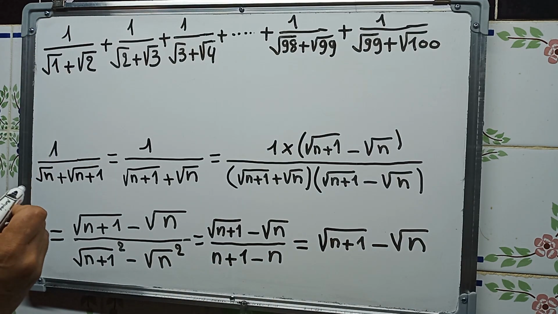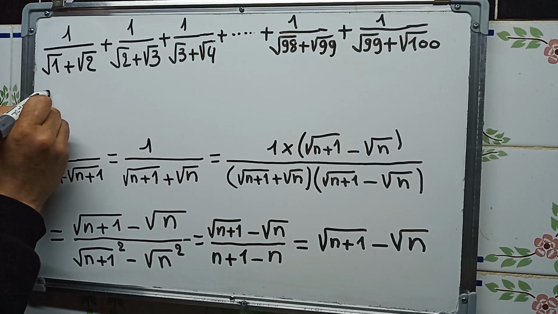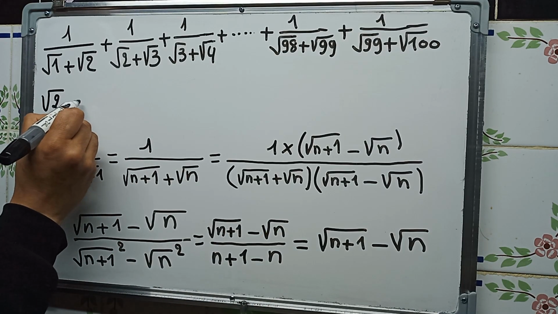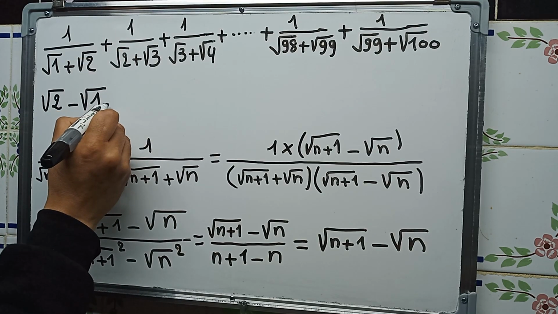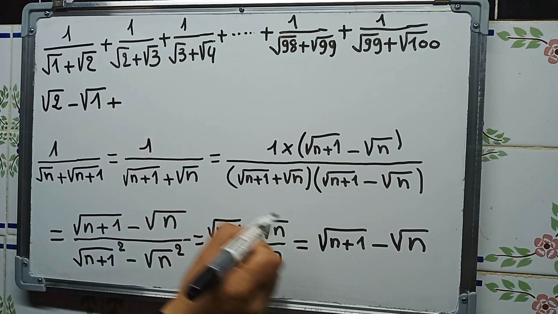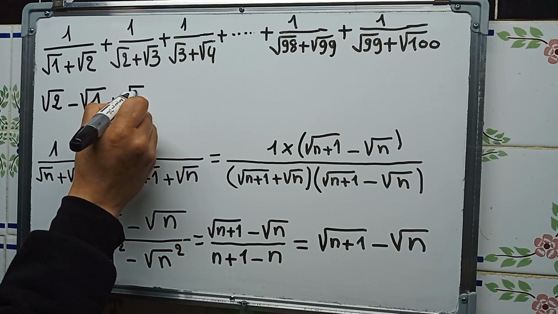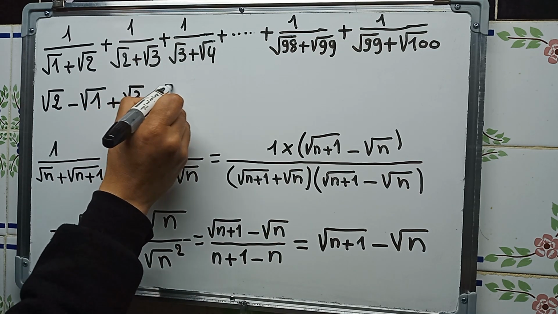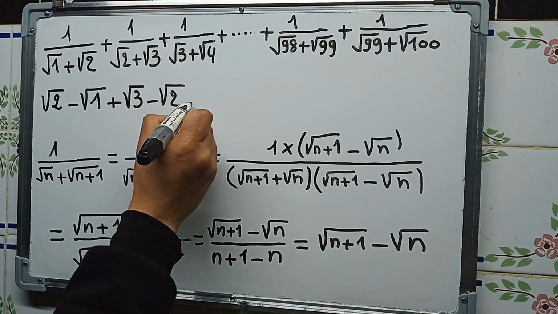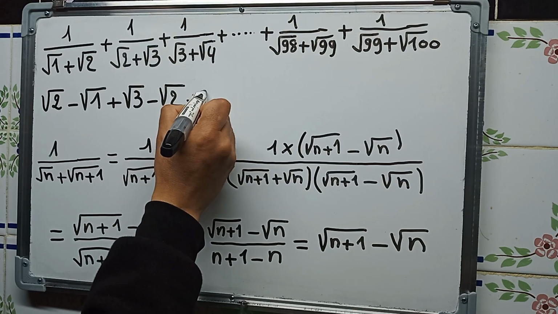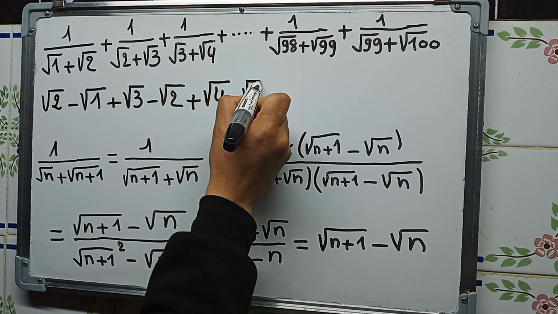So this first one will be, here n is equal to 1, square root of 2 minus square root of 1. And the second one, the same rule, square root of 3 minus square root of 2. Here n is equal to 2, plus here square root of 4 minus square root of 3.